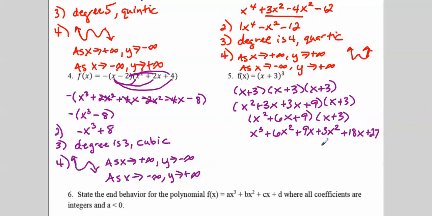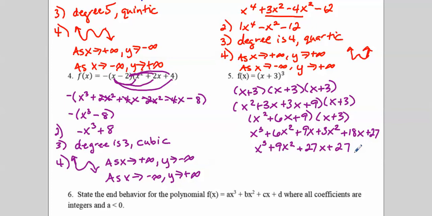Okay, so combining like terms, there is no like term for x cubed, so that stays x cubed. 6x squared plus 3x squared gives you 9x squared. 9x plus 18x is 27x, and plus 27.